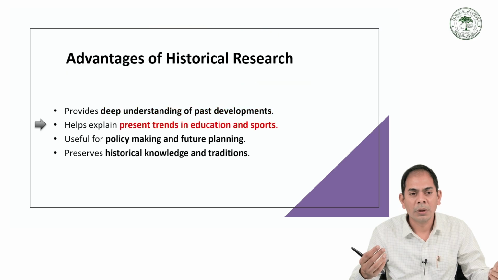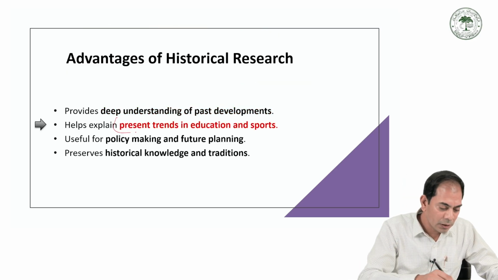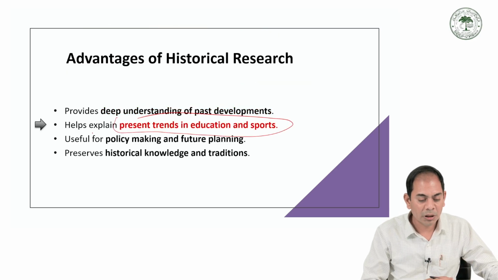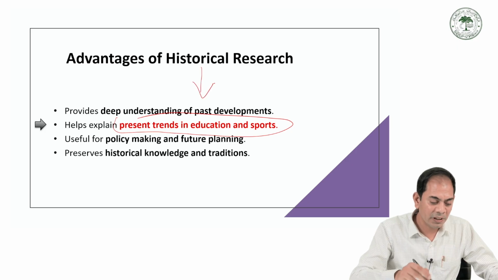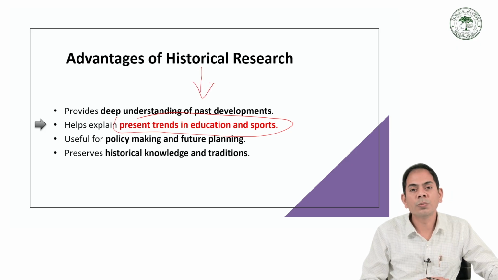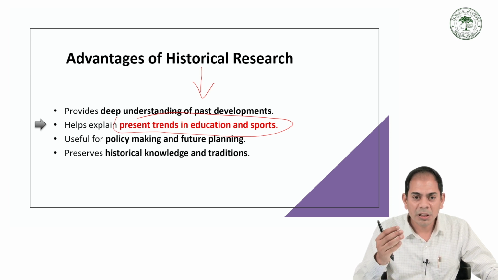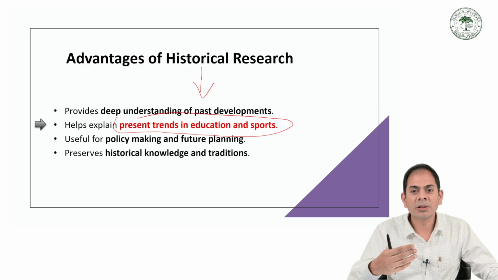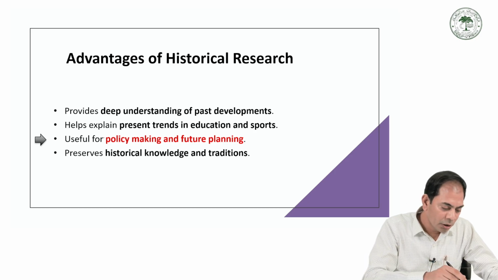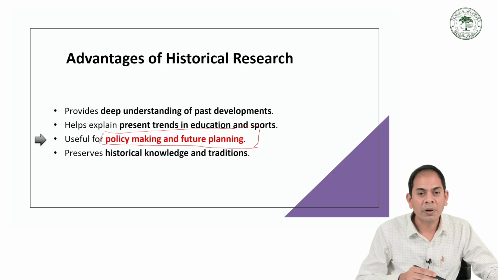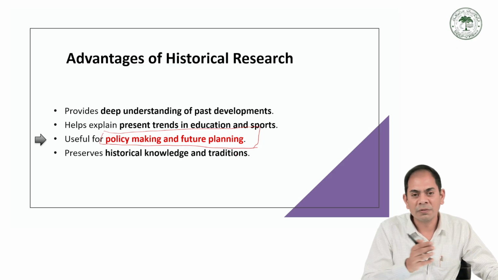The next important thing is present trends in physical education and sport, because all the examples we give are in relation to sports and physical education. By studying past developments, policies and practices, the researcher can understand how current systems, teaching methods and sports activities evolved over time. It is also very useful for policy making and future planning, especially in sports and physical education.